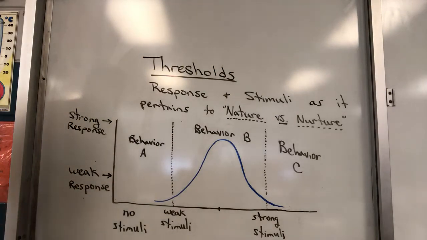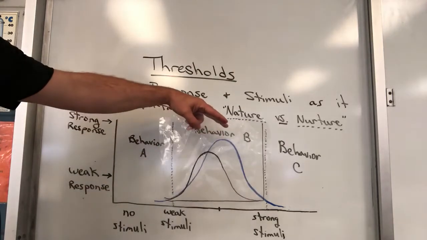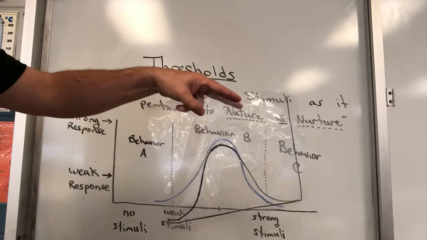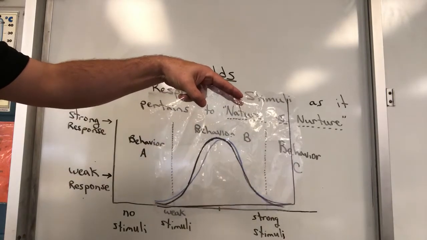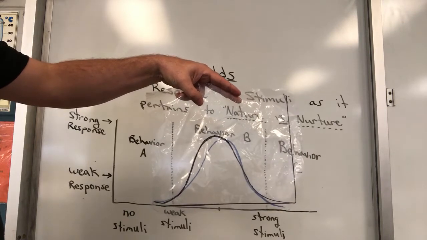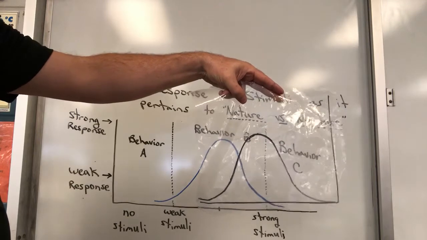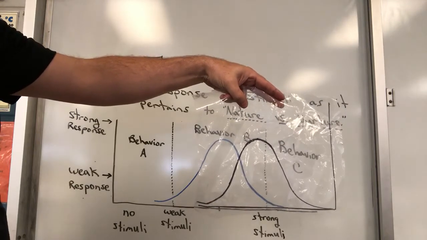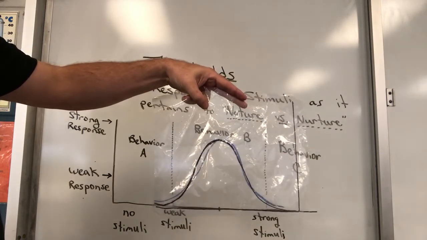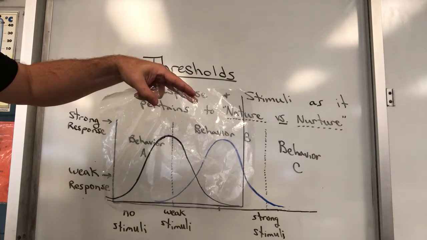Nature versus nurture affects this a little differently. So what we're going to do is show how this curve could be modified. Let me have them overlap here for just a second, the best that I can. You'll get the idea. What breeding does is it allows this curve to be shifted either to a stronger dog that has higher drives or higher thresholds, or it can also be used to create a weaker dog, which of course we want to avoid in the working community.